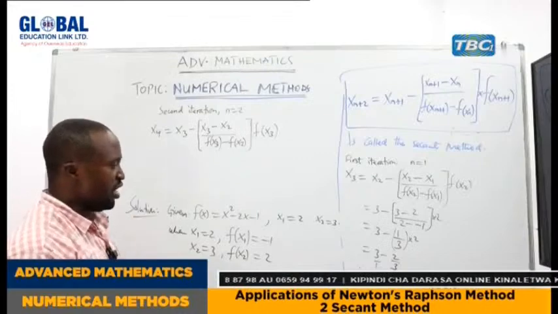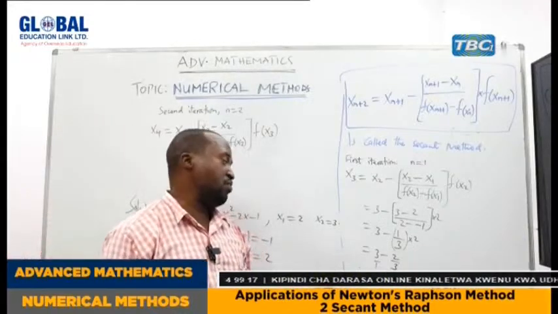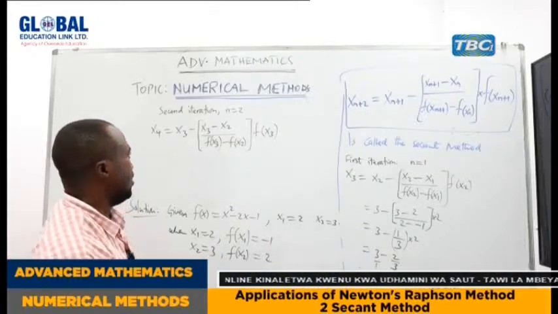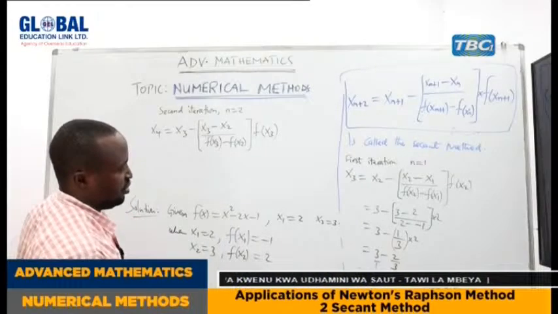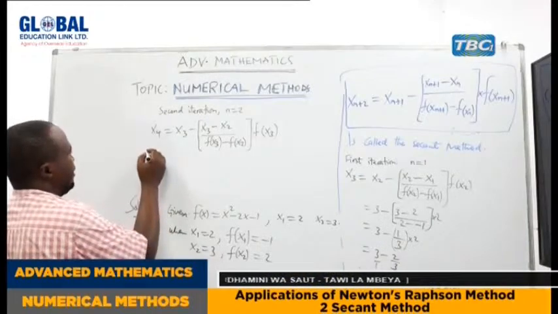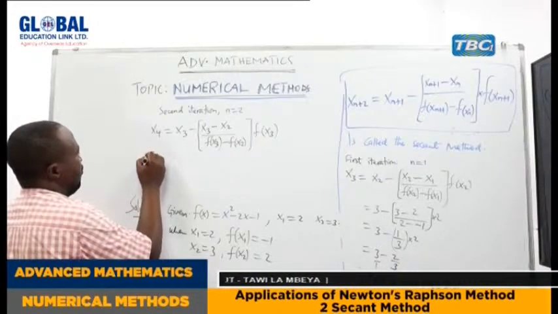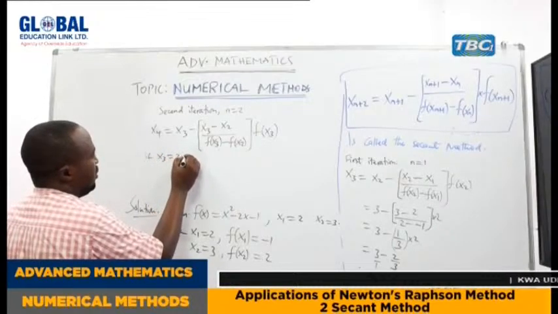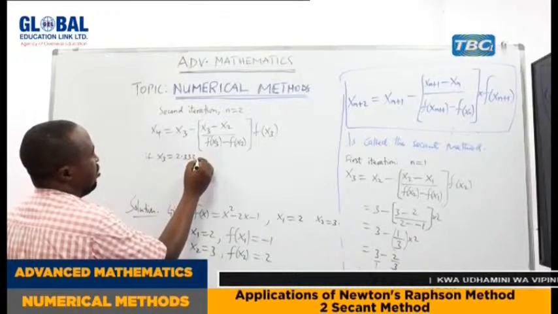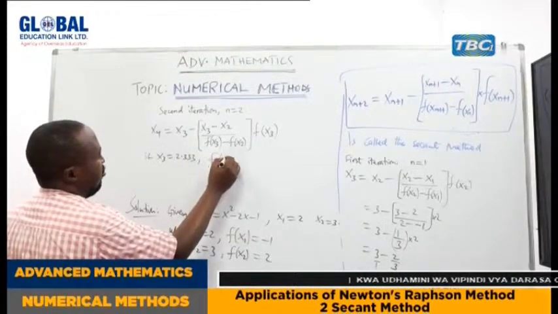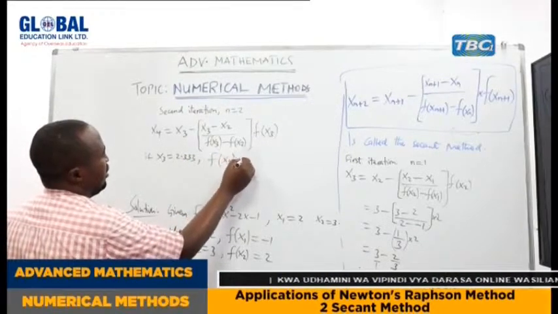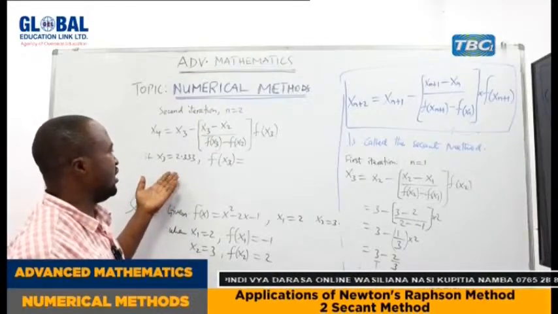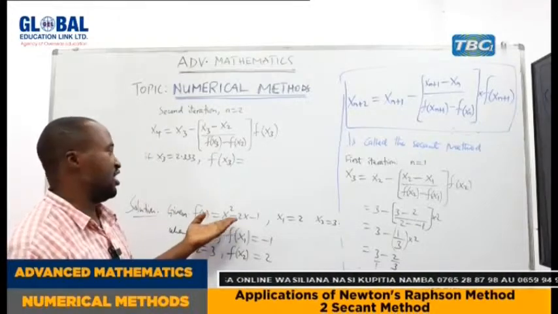So here we have x3, so it is possible to find f of x3. If x3 is equal to 2.333, now it is possible to find f of x3. So we just substitute the value of x3 in our function.